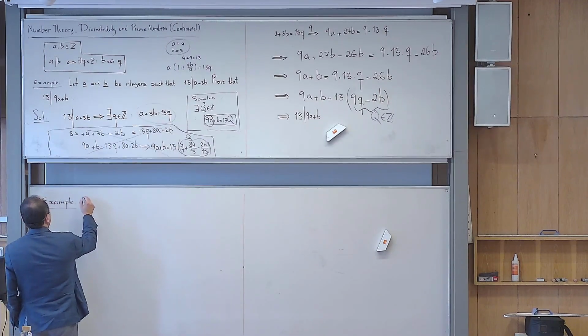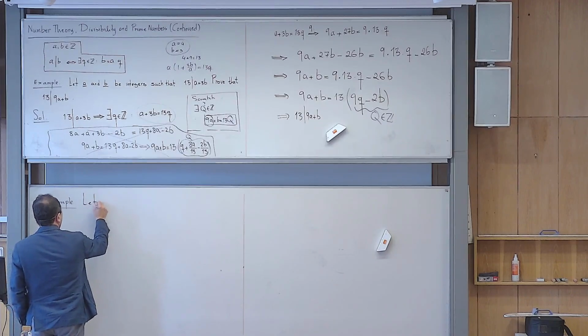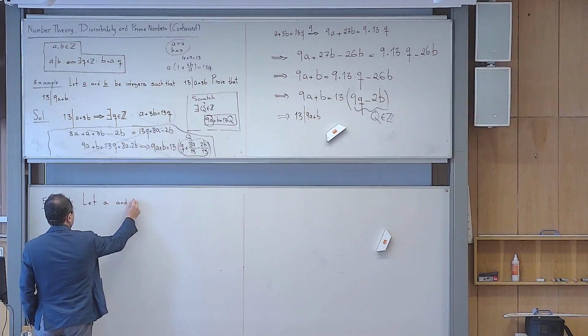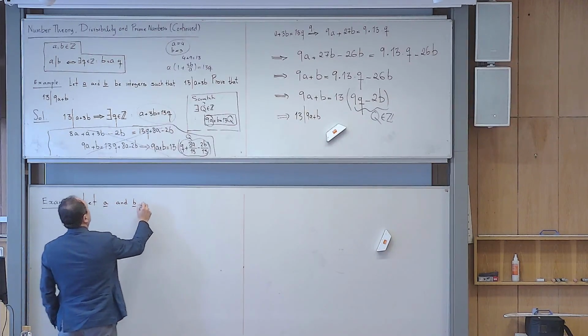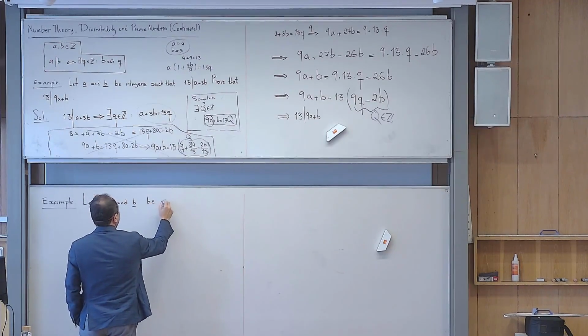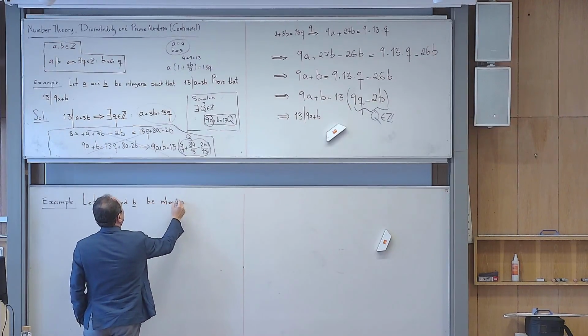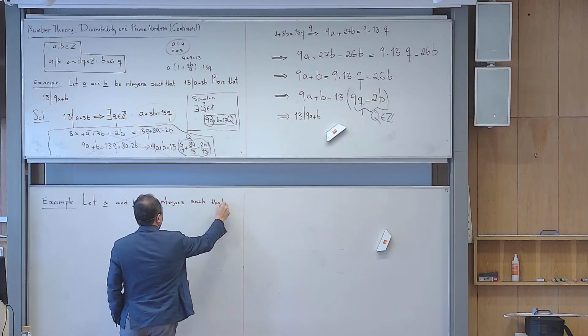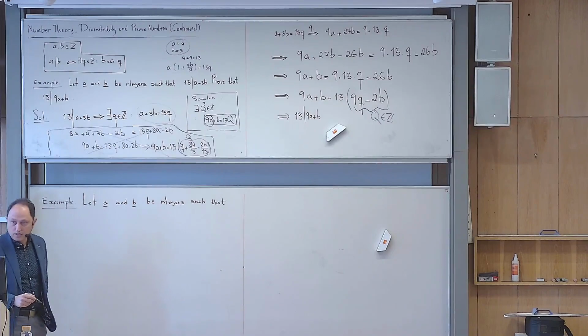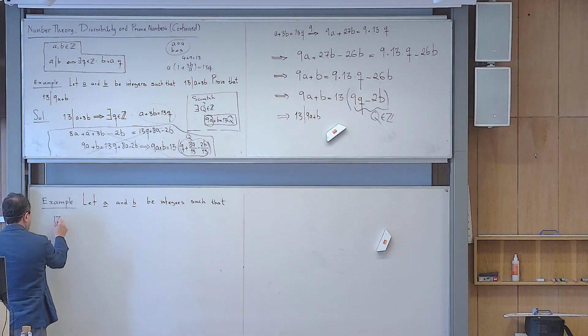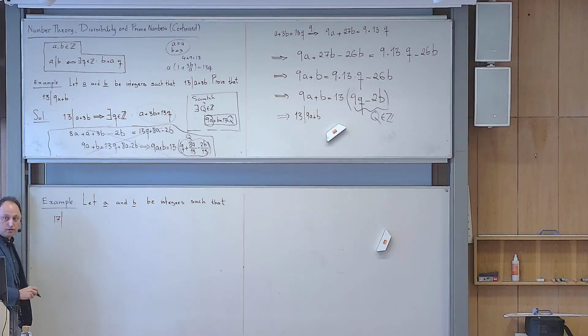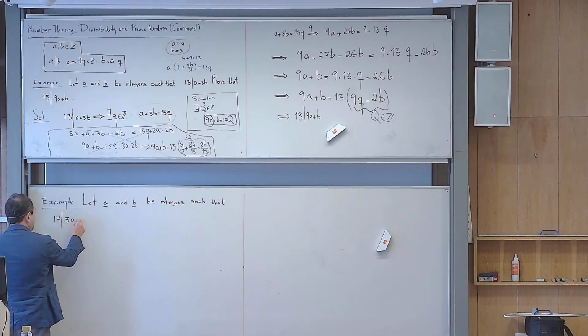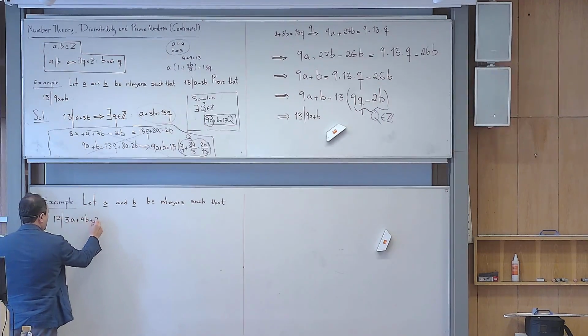So I would say, let A and B be integers such that 17 divides 3A plus 4B plus 2.